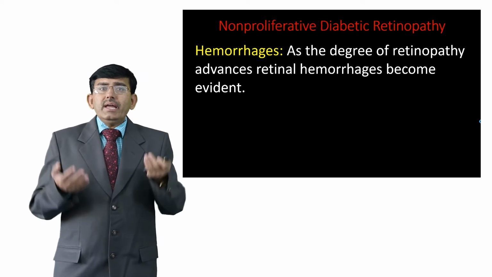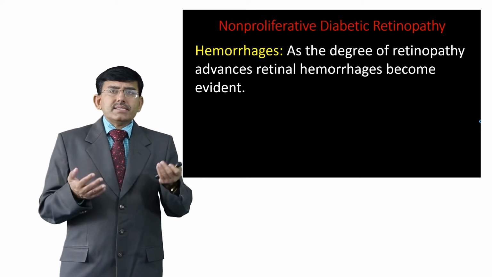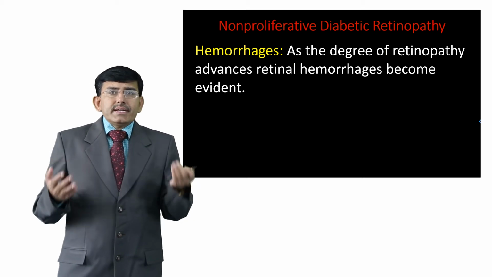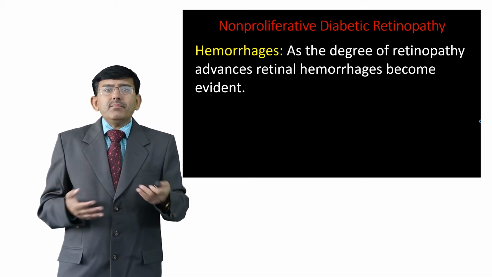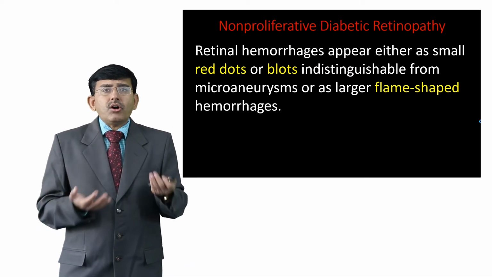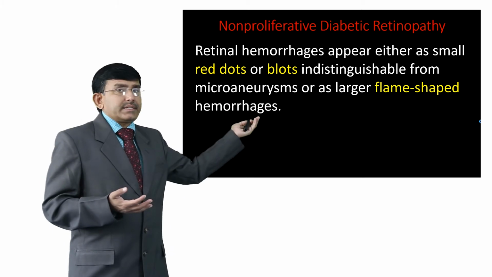Next one is called hemorrhages. As the degree of retinopathy advances, retinal hemorrhages become the next lesions on the retina of diabetic subjects.